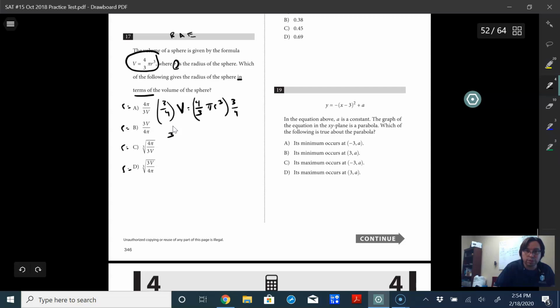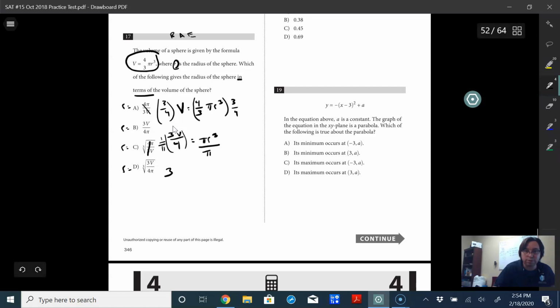So we get 3V/4 equals pi R cubed. So this cannot be it, because the 3 and the 4 swap. We want 3/4, not 4/3. We then divide by pi on both sides, which puts the pi in the bottom.